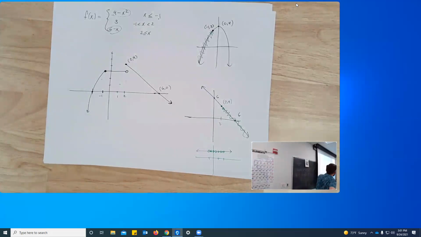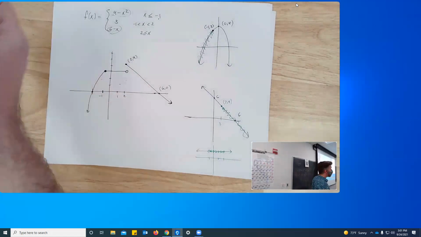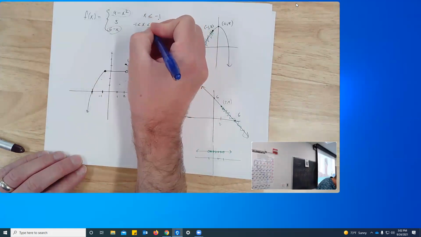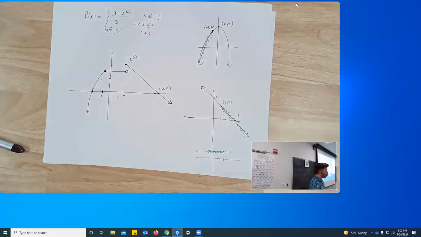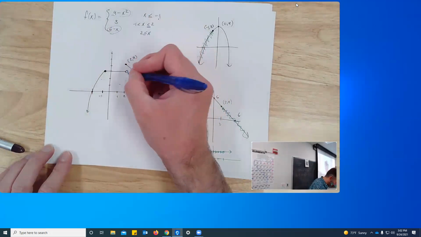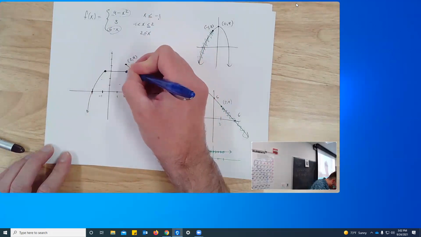The last thing I'll say is this is a function, right? It totally passes the vertical line test. There is no vertical line that hits more than one point. Now, if someone did something atypical and maybe put an equal sign right there, that would mean this function was defined to be 3 when x is equal to 2 as well, and it would fill that in.